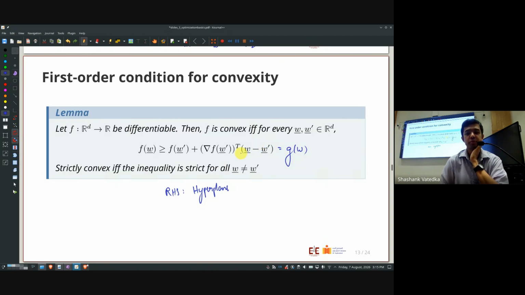So of course, as you can see, it basically passes through w prime comma f of w prime, but it has another nicer property because of the slope.